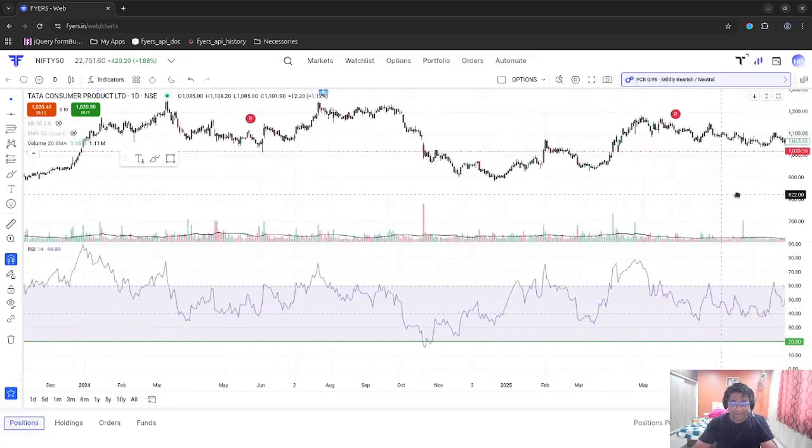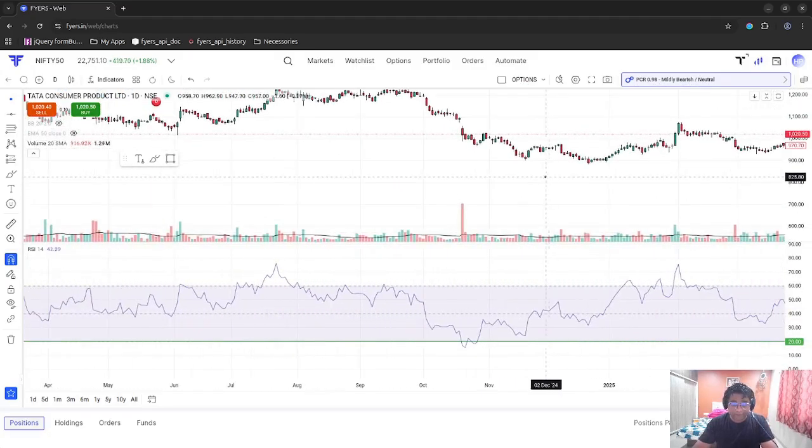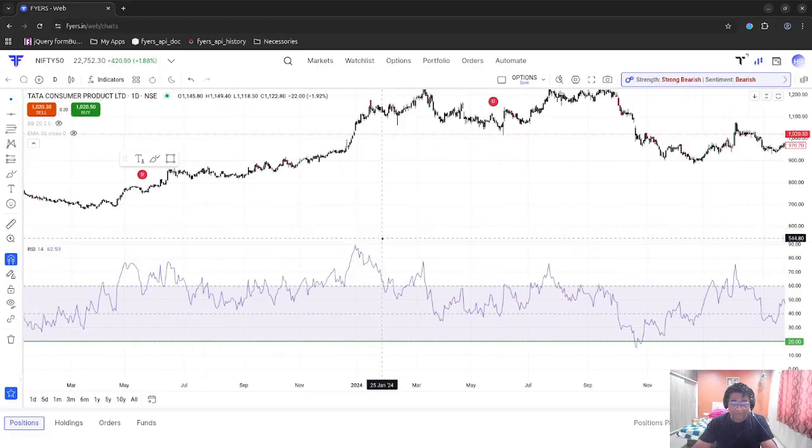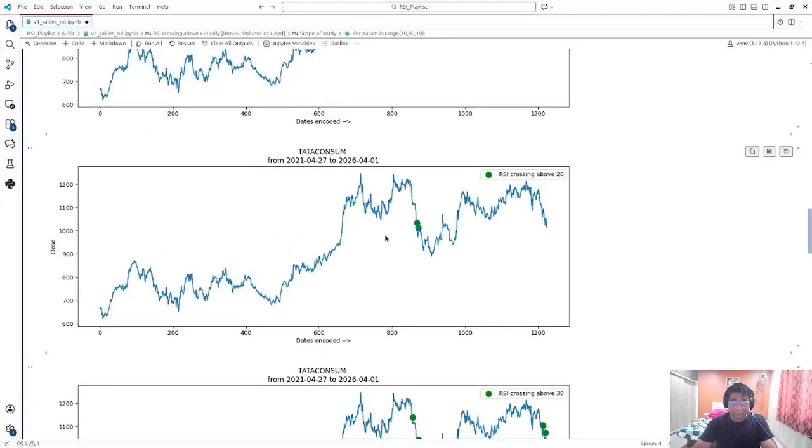As you can see, there are only two readings, this one and this two. That's why we have got only two readings. So now you are sure that whatever analysis we have performed or extracted, it is correct.